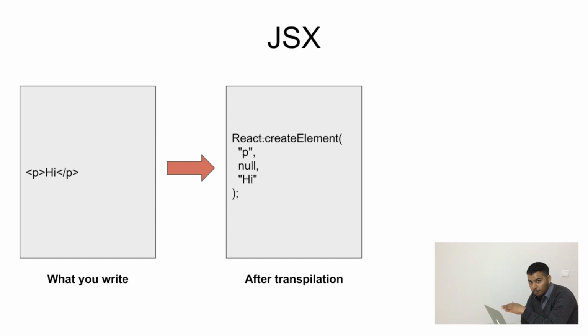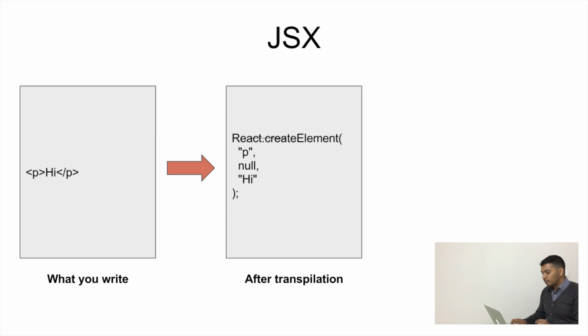You can look more into this createElement and the properties you pass to it in React's own documentation. So after transpilation, you get this sort of createElement call in your code. Now, these calls are used to build a tree, which is a representation of your application at one particular moment. React has this notion that you should care about how your application looks at one particular instance in time.